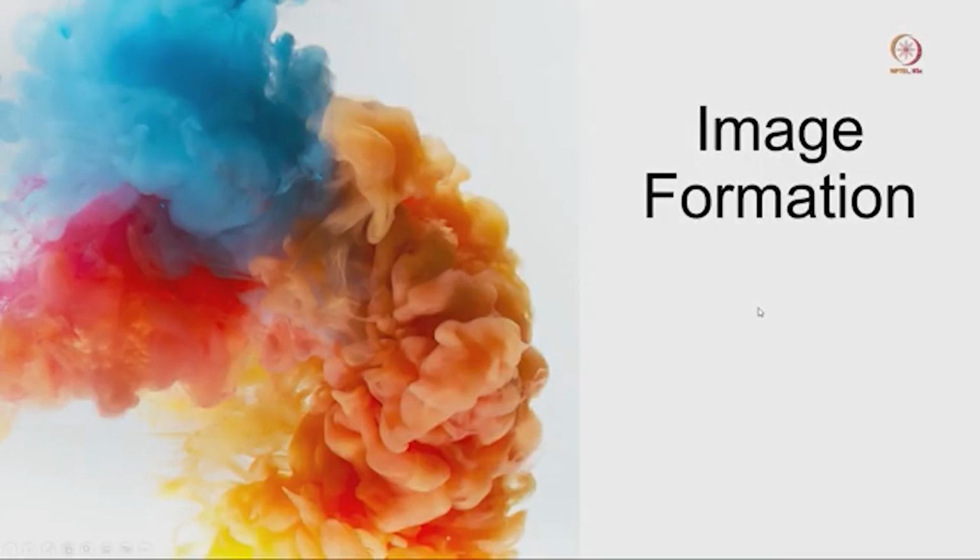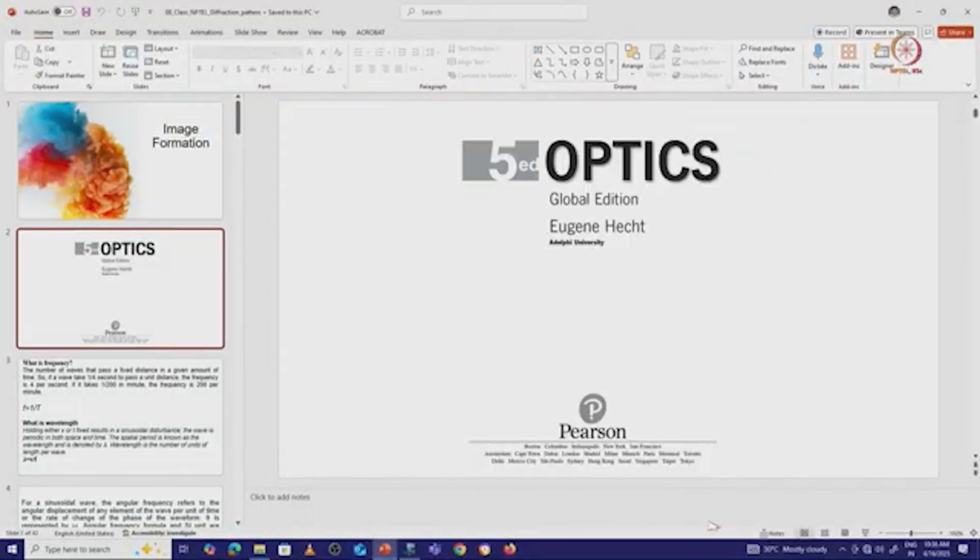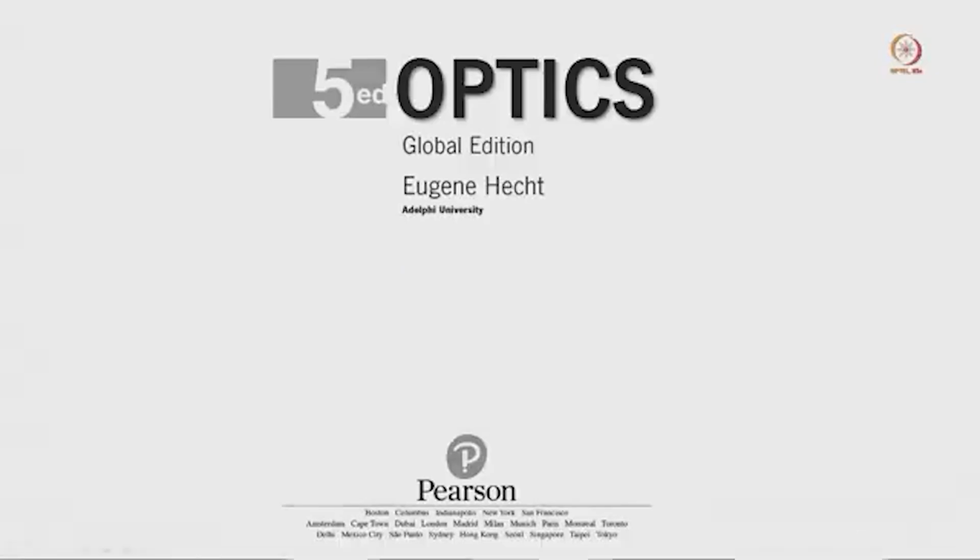I will just use the notepad. Let me show you one thing: for the next 2-3 classes, whatever I am going to focus on is mostly taken from this optics book by Hecht. If anyone is interested and wants detailed knowledge about the diffraction pattern, different types of diffraction or Fourier transform, you can go through that.